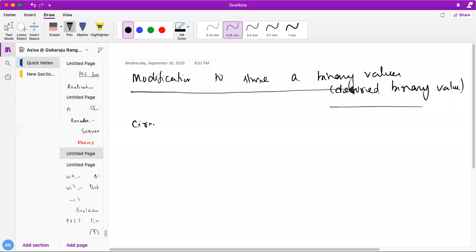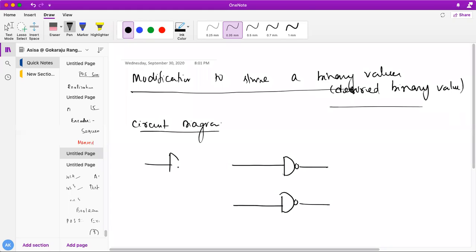Okay, so see here what I am going to do. What is the circuit modification I will do? Initially I have a circuit like this. Okay, I'll do some modification and then I'll explain.